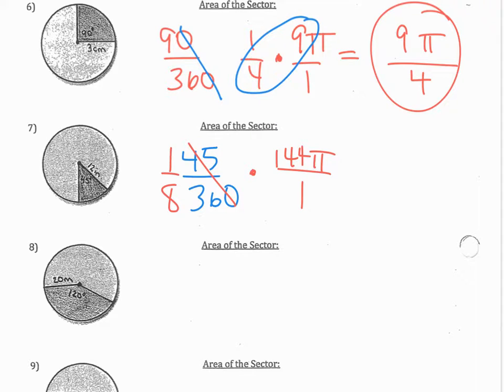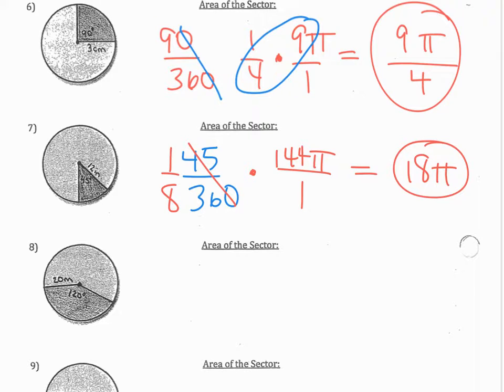Okay? So now all you have to do is simplify the 144 over 8. Can you? Yes. In fact, it'll end up being a whole number. 18. Asil says 18 pi. I agree. Okay? So remember, all you're doing is setting it up, the ratio of how much they want, times the entire circle.